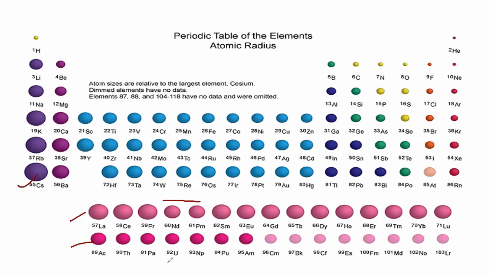Now, as you can see, going from top to bottom in each and every group, the atomic size increases, from the top one having the smallest to the bottom one having the largest. We have been discussing why in the last slide.